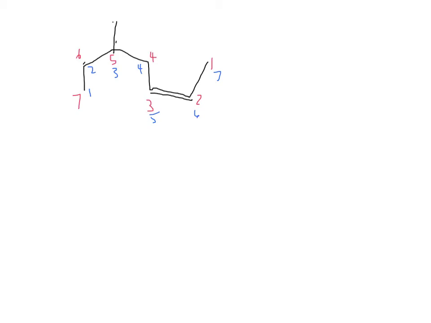Whenever there's a double bond in the molecule, it will take priority over any other kind of substituent group. In this example, it's the methyl group. So the double bond is going to take priority. The name of this molecule: there's 7 carbons, so it's going to be heptene, and it's going to be 2-heptene. And then the methyl group is the red numbering there, so the methyl group is in the 5 position, so 5-methyl.